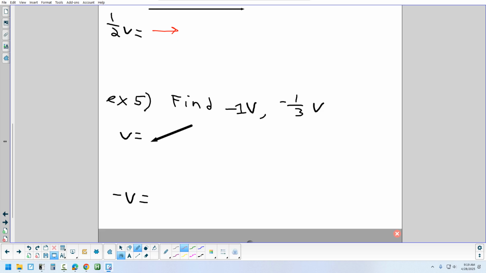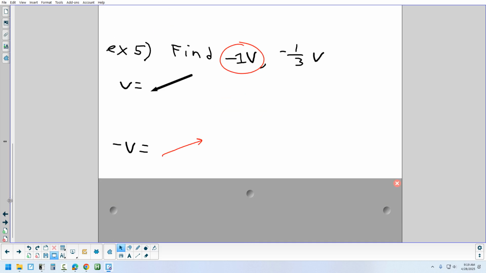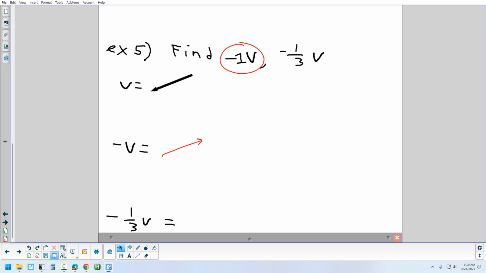Okay, what's going to happen with that first one? I could do it exactly, but I'm just going to estimate it. So it's going to flip direction. But what didn't change when you multiplied it by -1? The magnitude. It just flipped the direction. And then for -1/3 v, the first step is to flip the direction, and the second step is to make it 1/3 as long.